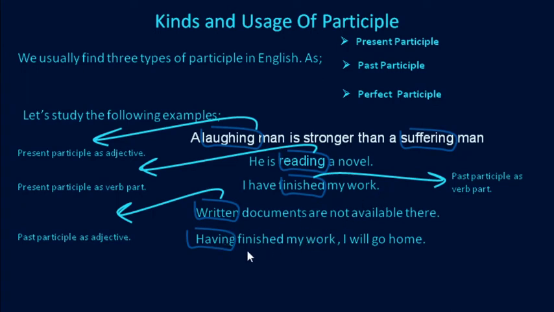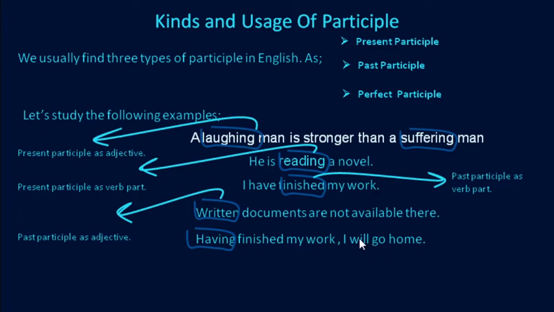So to identify a perfect participle, if you see having plus any V3 form, that's called a perfect participle.